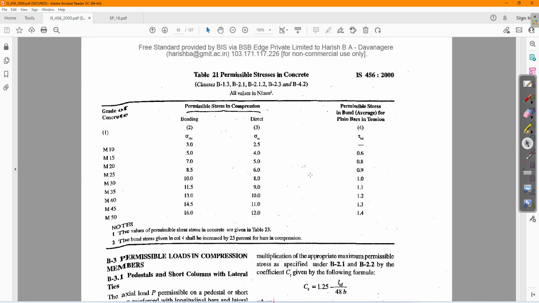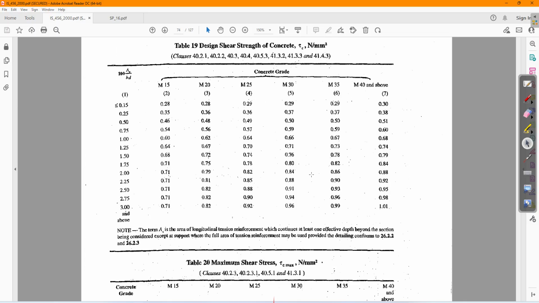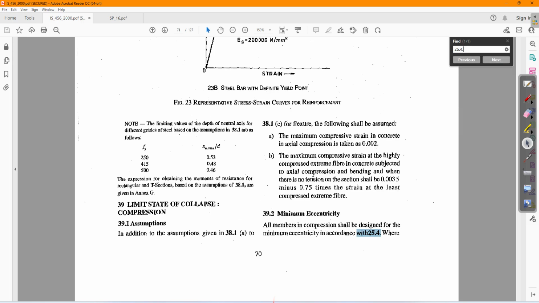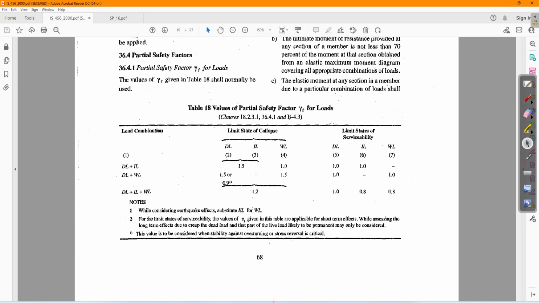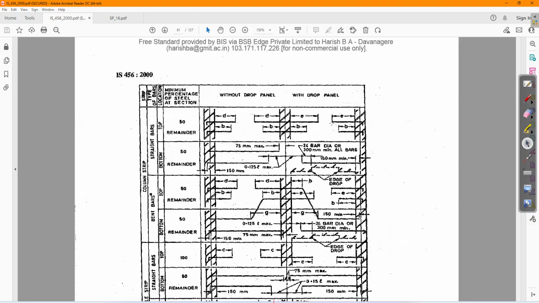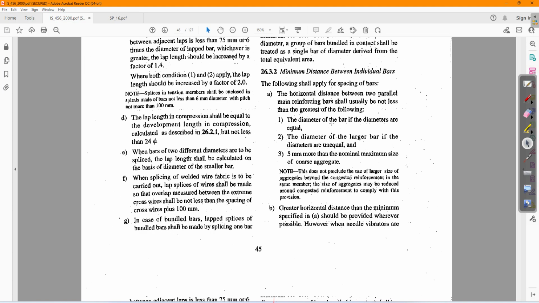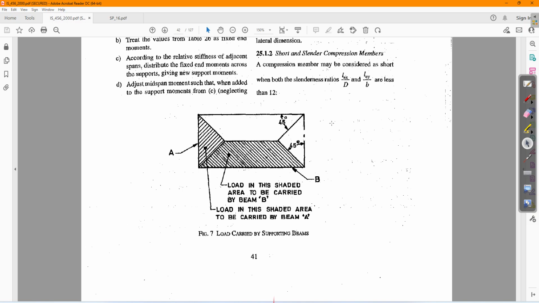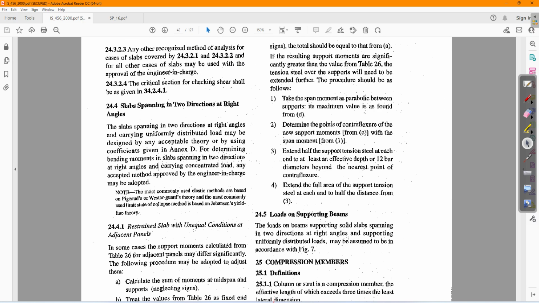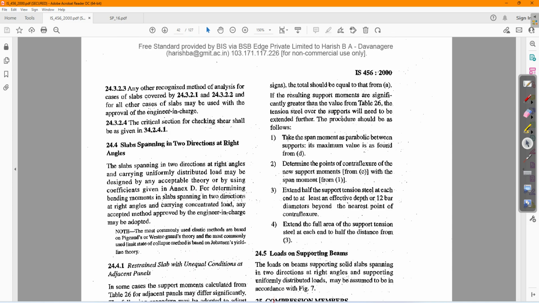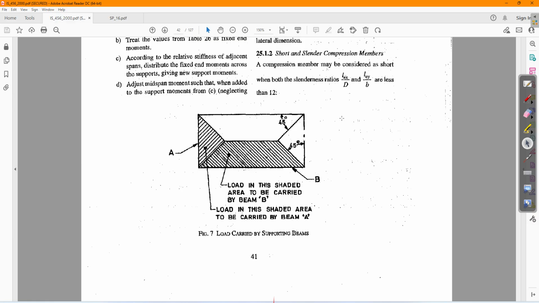So clause 25.4, let me find the clause. So clause number 25.4. Yes, here. Clause number 25.4.